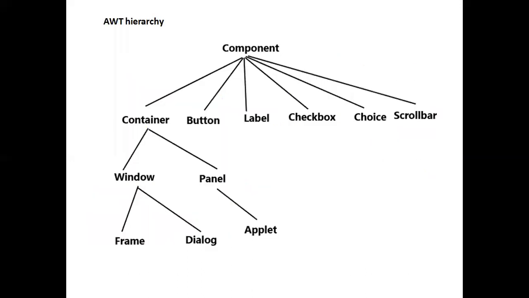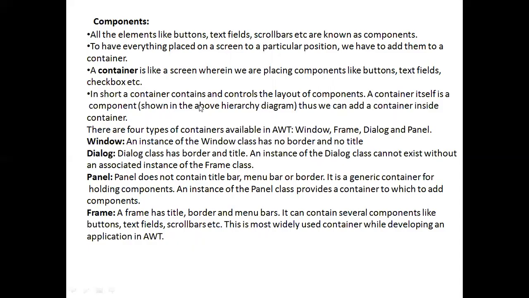Here there is a diagram. We can look here. Inside the component there may be a container. Inside the container, there may be a number of components. Inside the container, it can also contain another container.